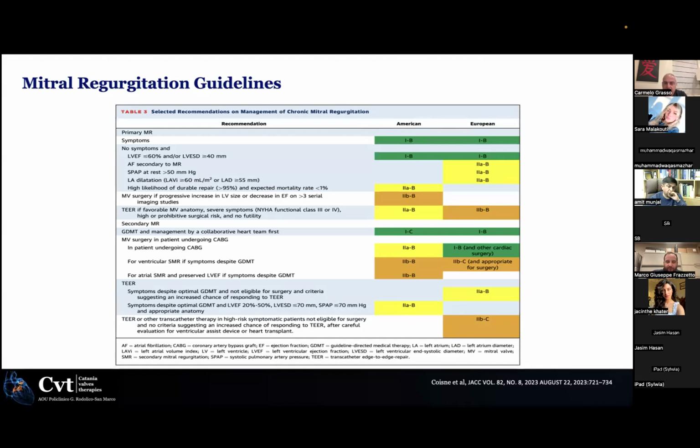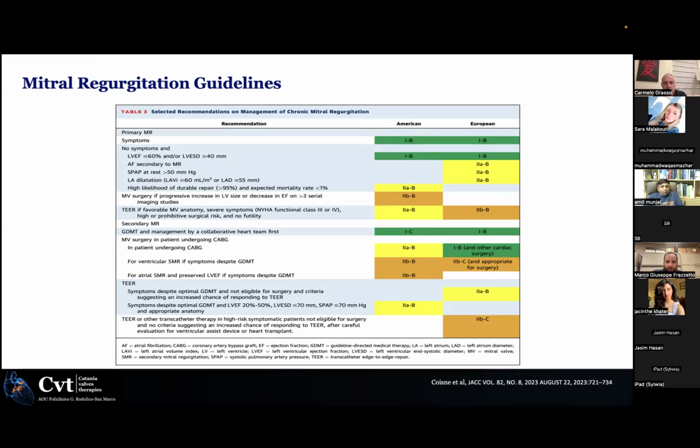TEER has an indication of 2A in the American guidelines and 2B in the European guidelines, and it is reserved for patients with high or prohibitive surgical risk, and of course, futility is to be avoided.